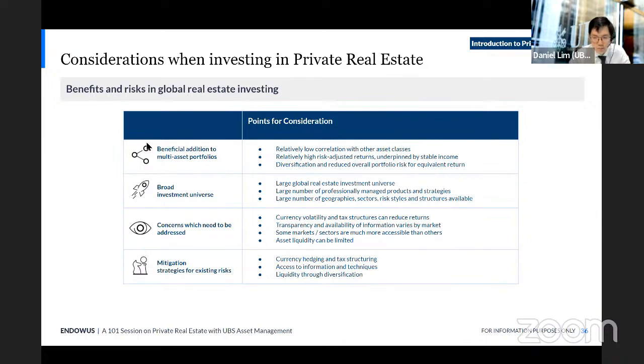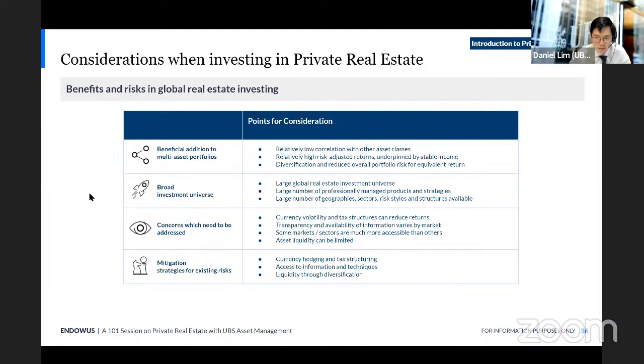Firstly, with any sort of global exposure, there is going to be currency risk that you do take. And as we've seen in the past few years, that can have a material impact on your returns. Of course, there are ways to mitigate that through FX hedging, but it's something to be aware of. Secondly, on the tax, this can actually be pretty punitive depending on the country that you are in, and can definitely impact your underlying returns.